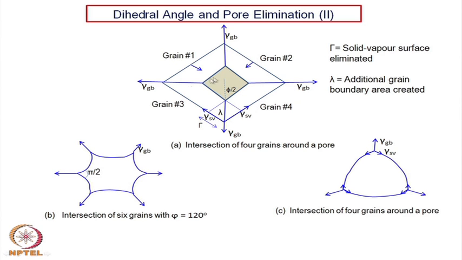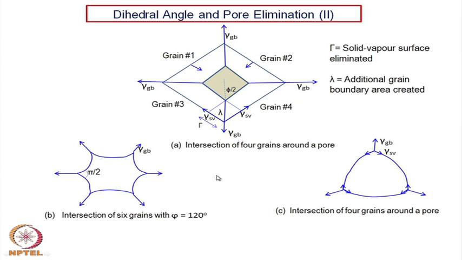Similarly, 4 corners are there, and lambda is the additional grain boundary area created. This is the grain boundary area created, and this has been eliminated, or this has been eliminated. So, for each lambda, 2 gamma area has been reduced. Okay. So, while this much is increasing, this is reduced and this also is reduced. Same is the case in the 4 corners. Okay.